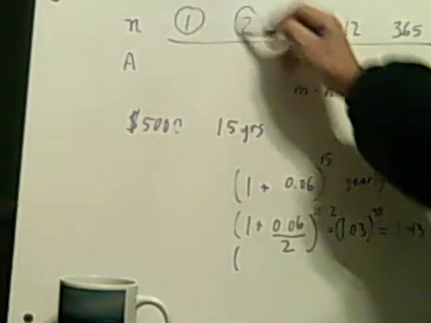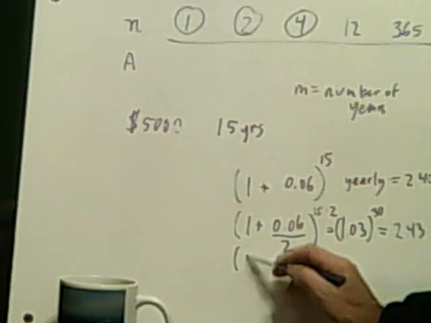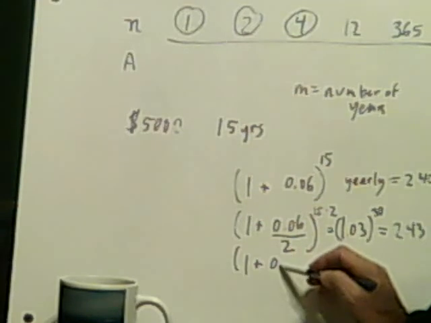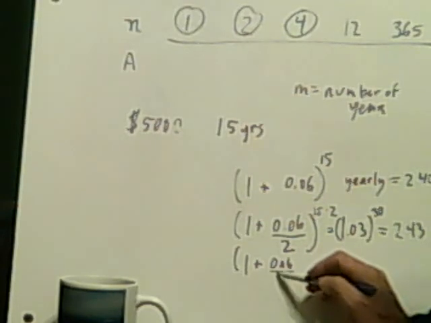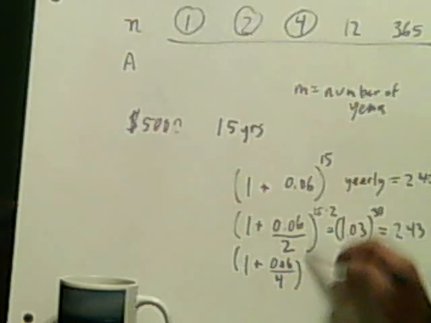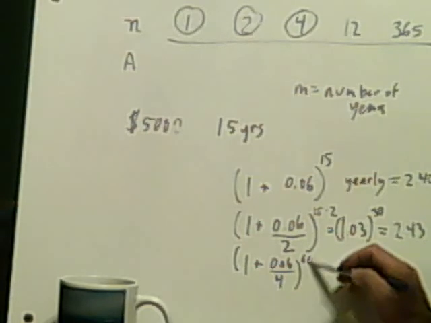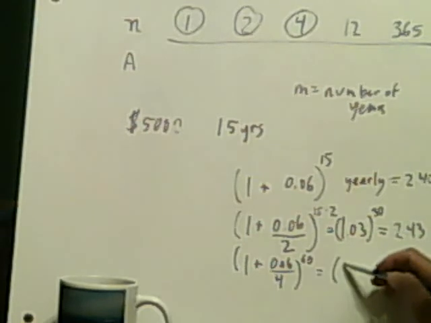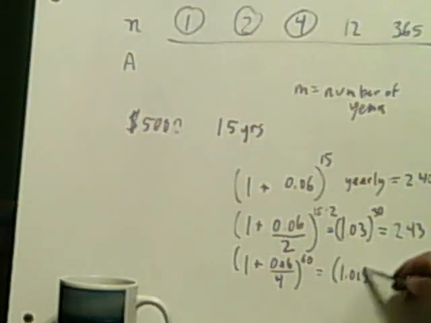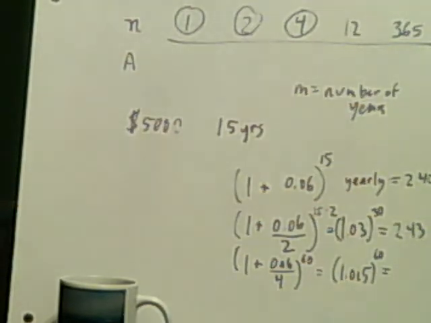This would be compounded quarterly. 1 plus 0.06 divided by 4. Now it's going to get compounded not 30 times, but 60 times. That's going to be equal to 1.015 raised to the 60th, and that's going to be a slightly larger number than this.